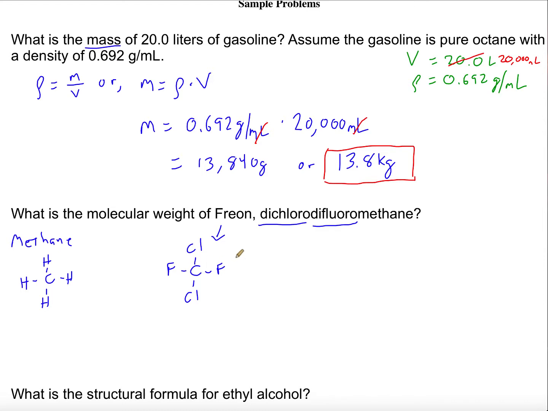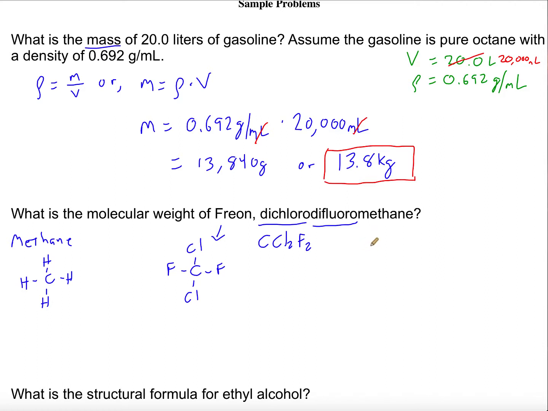So now that we know what it is, we can get the formula of CCl2F2. So each molecule will have 1 carbon atom, 2 chlorine atoms, and 2 fluorine atoms.